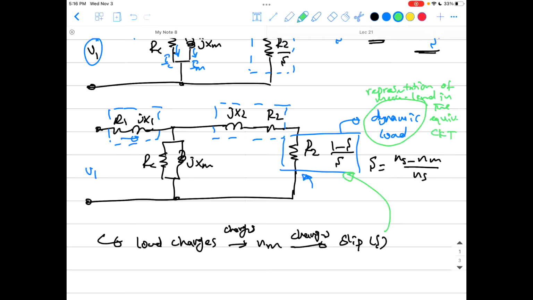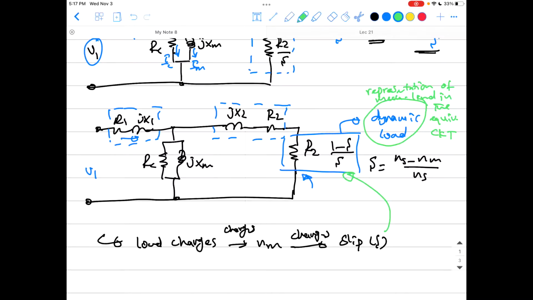So that's why we can represent any change in the mechanical load in our equivalent circuit, because that is an electric equivalent circuit, guys, and the load on an induction motor, or any kind of motor, is a mechanical load. So how can you model the change in a load inside this electric circuit? By this term, R2 times (1 minus s) over s. The change in the load changes the speed, the change in the speed changes the slip, and the change in the slip changes this term.